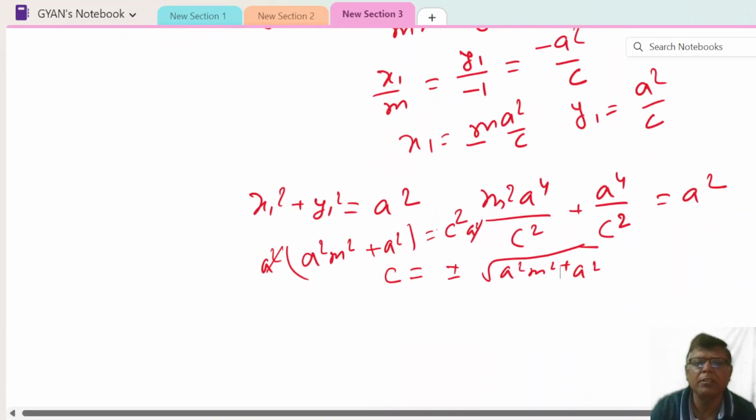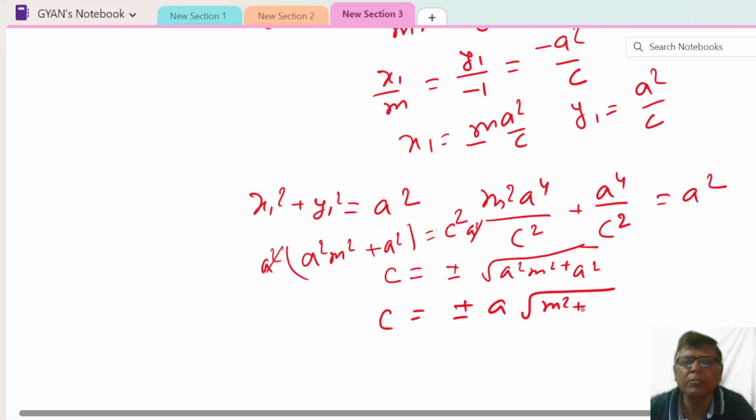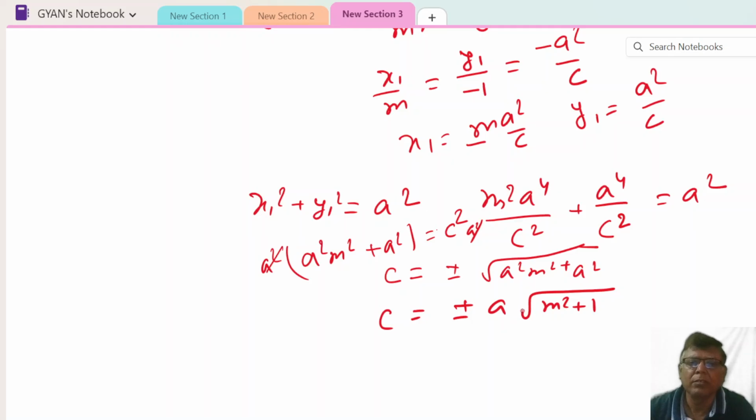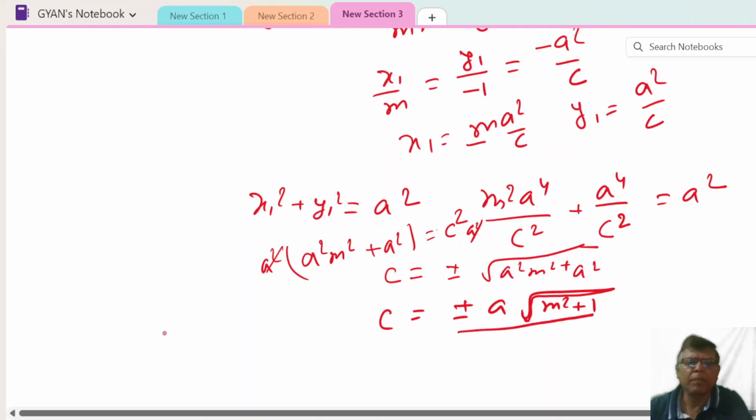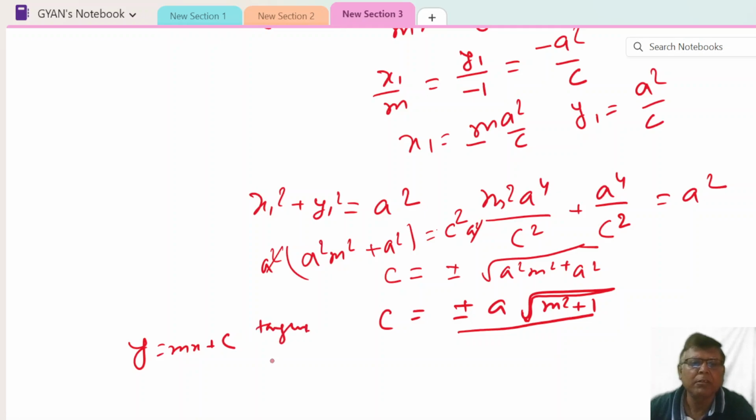Or you can write further c is equal to plus minus a root over m square plus 1. So if c is satisfying this, then y is equal to mx plus c is a tangent on the circle.